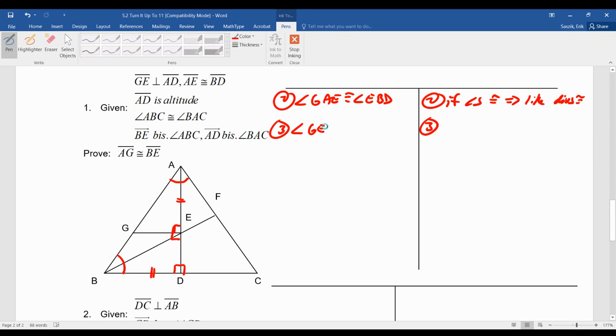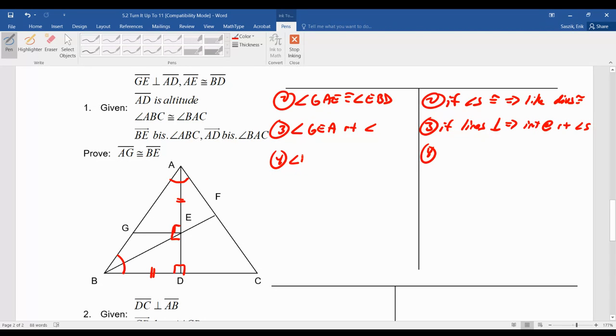Angle GEA is a right angle, and that's if lines perpendicular then intersect at right angles. And then down on the bottom, this is due to the altitude reason.